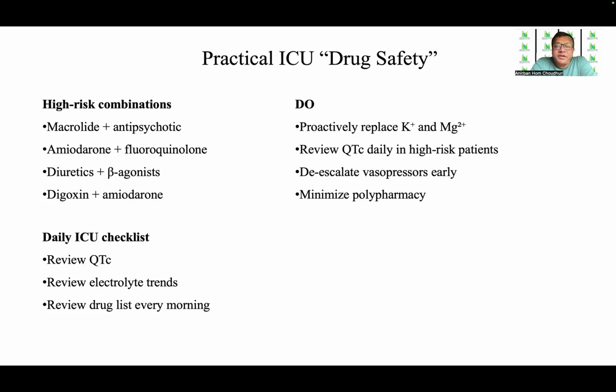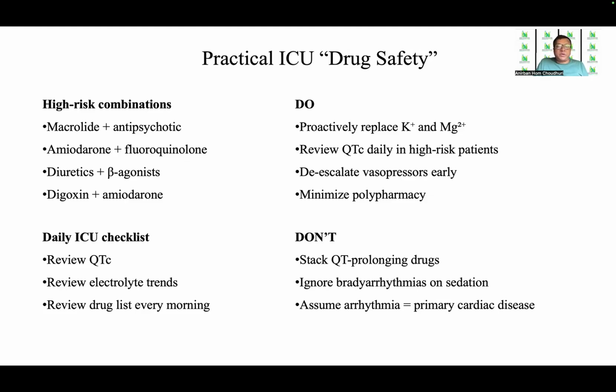We should proactively replace potassium and magnesium, and even if magnesium is near normal or just a little less than normal, any correction will always help to prevent arrhythmias. Then review the QTc daily in high risk patients. De-escalate vasopressors early, as they can cause arrhythmias independently, and minimize polypharmacy as much as possible.